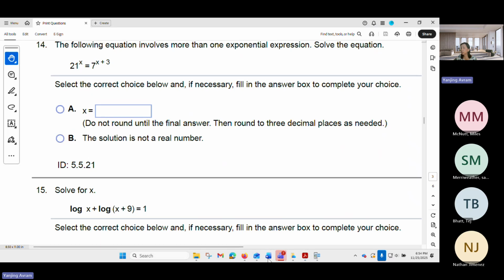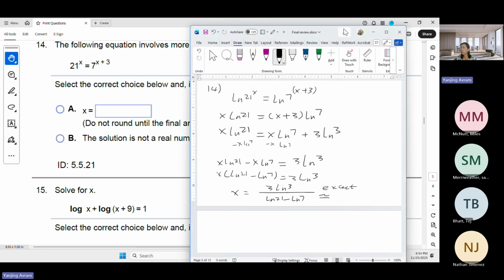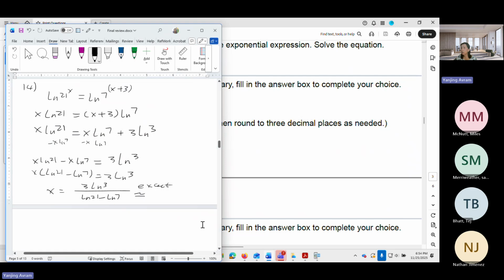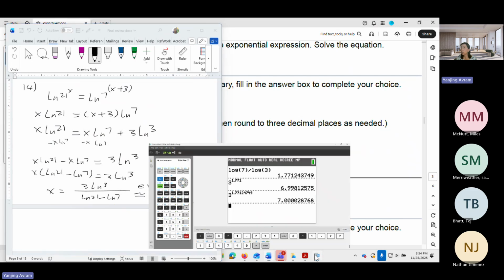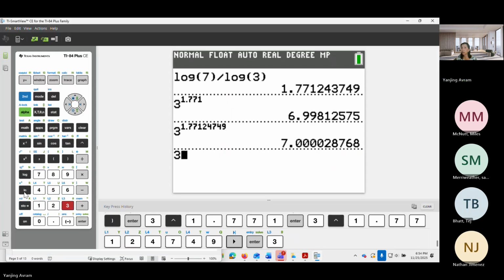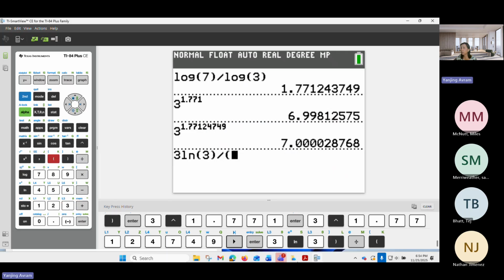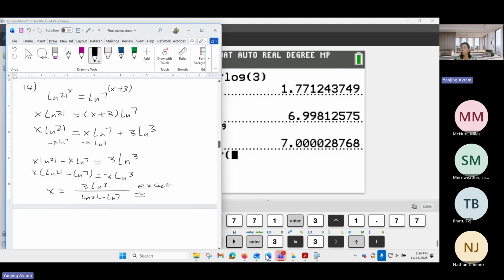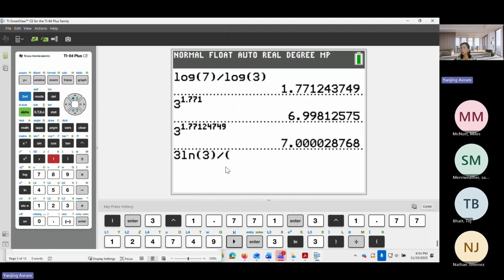So we're going to use the calculator. Use the calculator to round. Okay, so 3 ln 3. Make sure you use the parentheses. All right, so my denominator here is ln of 21.